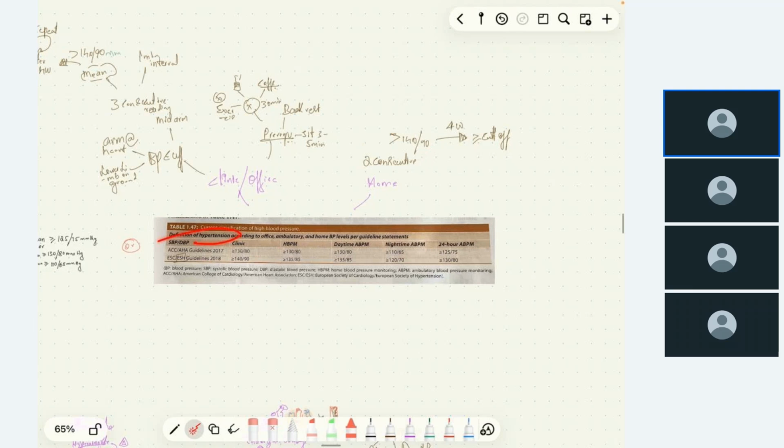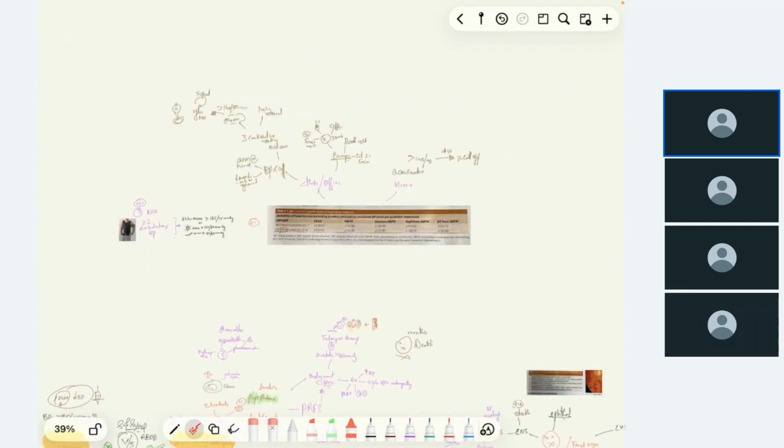We discussed the definition of hypertension, both with respect to ambulatory BP, which is according to American Heart Association criteria, and also the criteria for clinic or home measurement of BP according to the European Society.